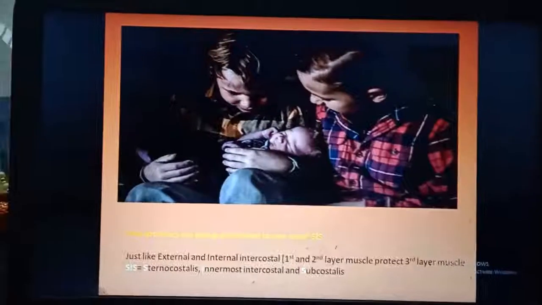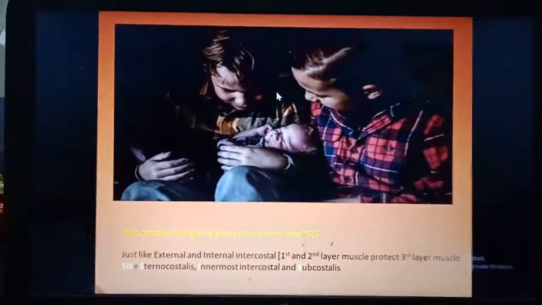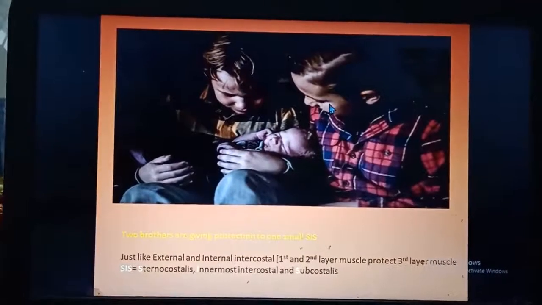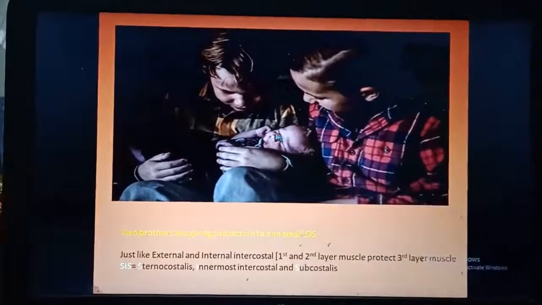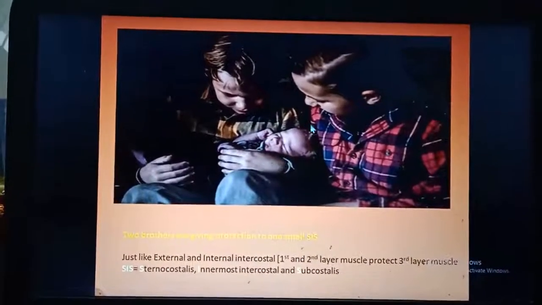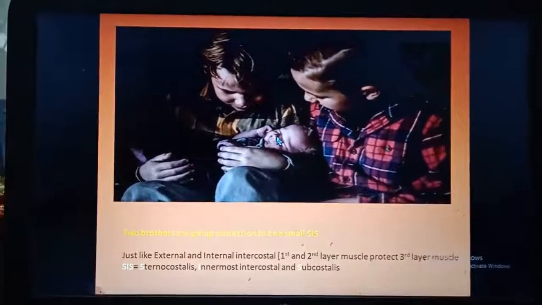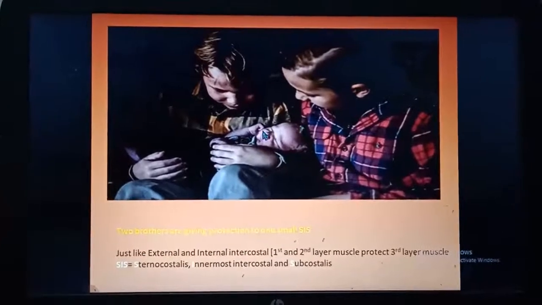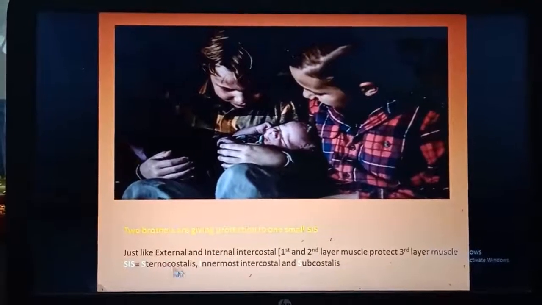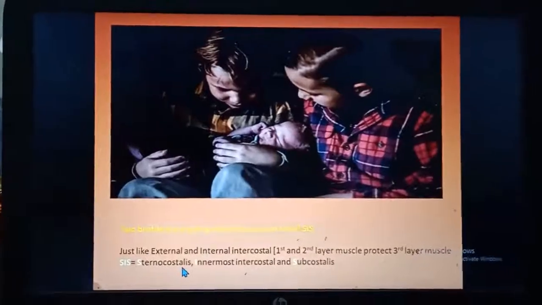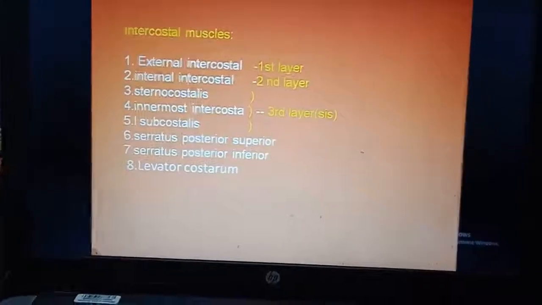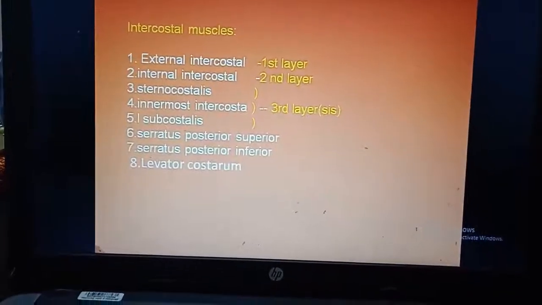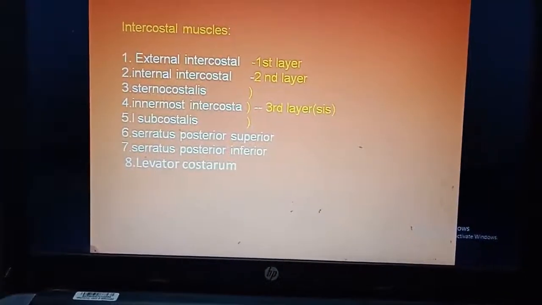Here we can see these two brothers protecting the small sisters, from anterior to posterior: sternocostalis, then innermost intercostal, and subcostalis. Sternocostalis is also known as transversus thoracis. As well as there are serratus posterior superior, serratus posterior inferior and levator costarum, situated on the posterior aspect.